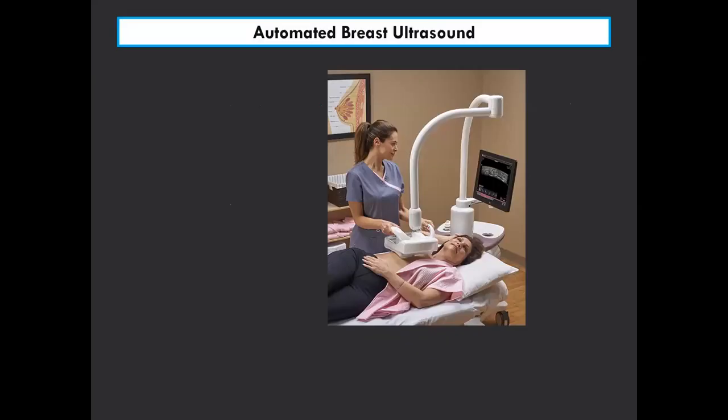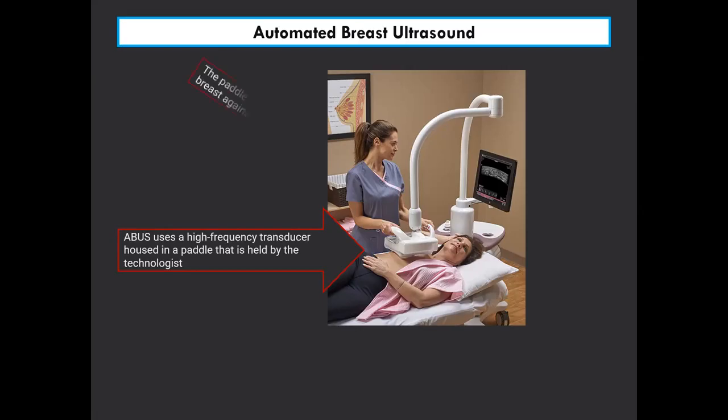During an ABUS examination, the patient lies supine, the same position as in the 2D ultrasound. But what's different is that it's not a probe which images the breast. It uses high-frequency transducers housed in a paddle that is held by the technologist, seeing the whole volume of the breast.